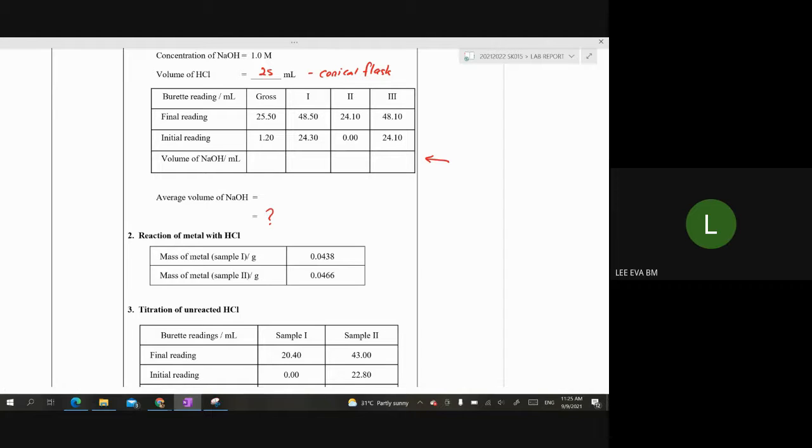Kira sekarang, isi sekarang. Nanti boleh terus hantar dalam report.